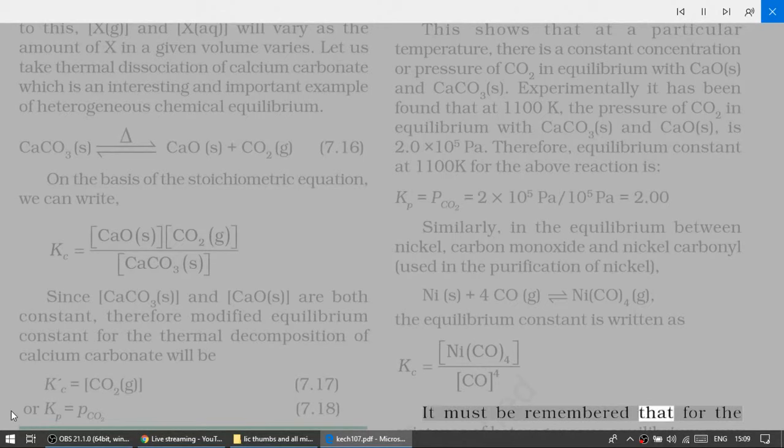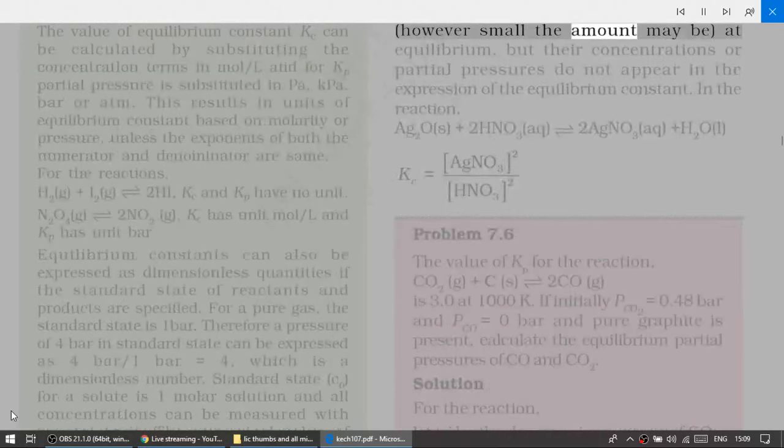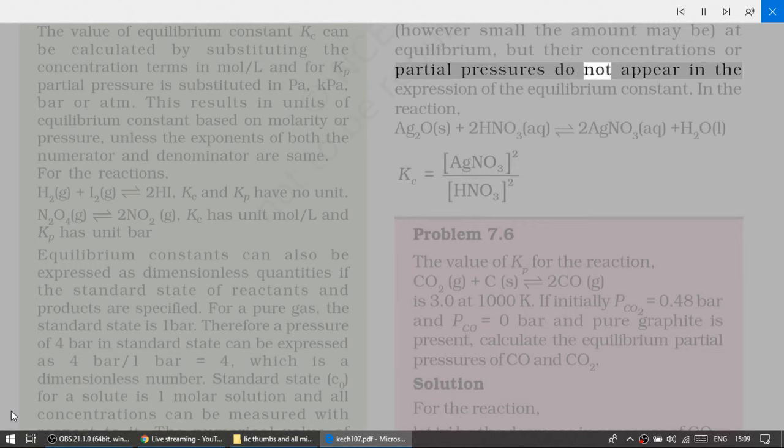It must be remembered that for the existence of heterogeneous equilibrium, pure solids or liquids must also be present, however small the amount may be, at equilibrium, but their concentrations or partial pressures do not appear in the expression of the equilibrium constant.